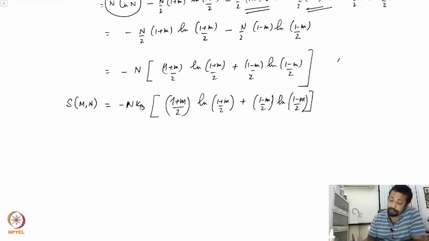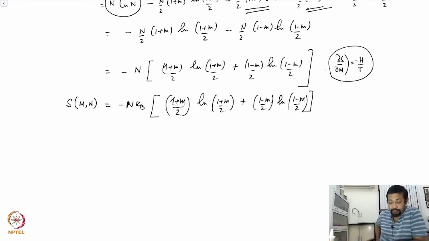From this, of course, one can calculate del S by del m, and this is going to be H over T, the magnetic field. This is going to be one of the equations of state.